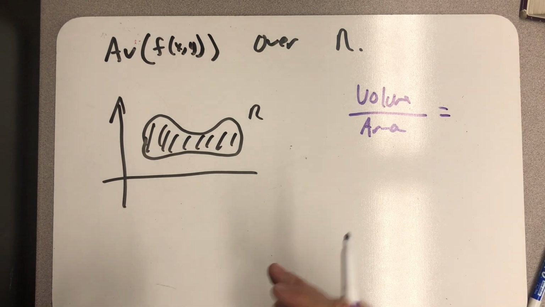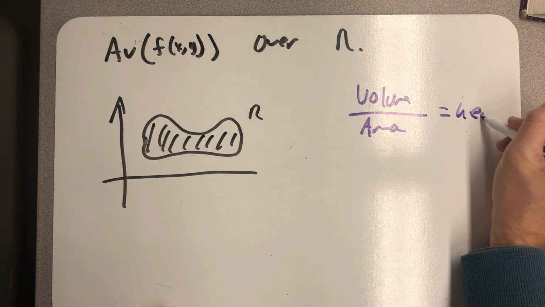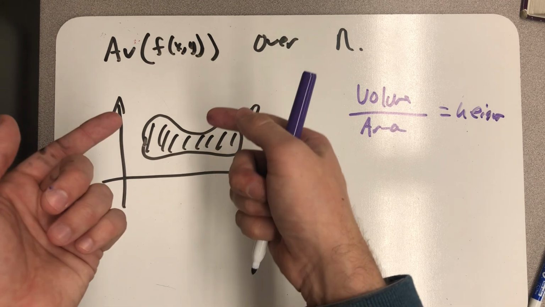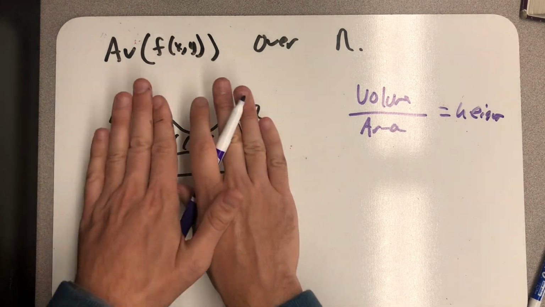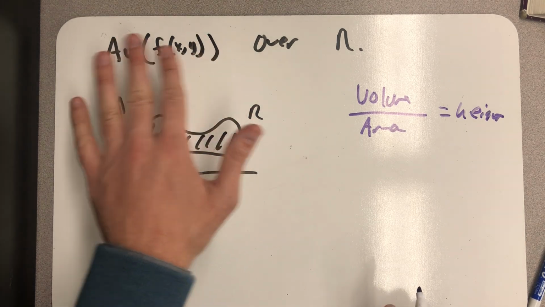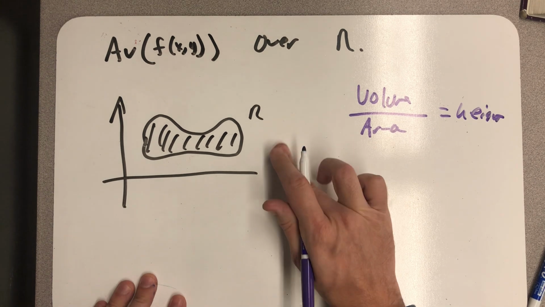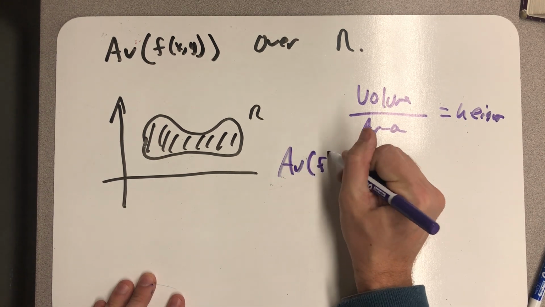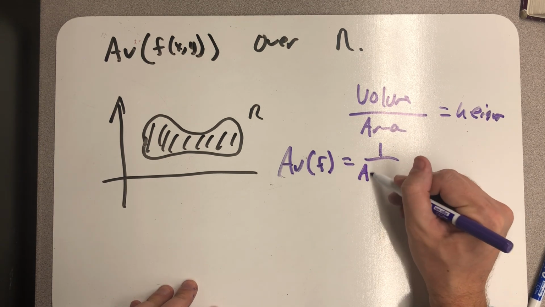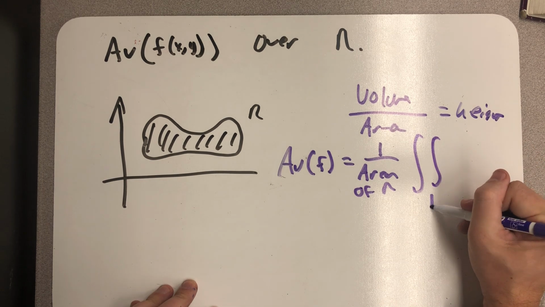Because a volume divided by an area, well, that's cubic units divided by square units, it would give you an average height. How high to draw a cube, right? Just dragging this straight up, or to make a prism that would have the same volume, telling you an average height above the region, which would lead me to think that the average value of my function on two variables would be 1 over the area of R times the volume.